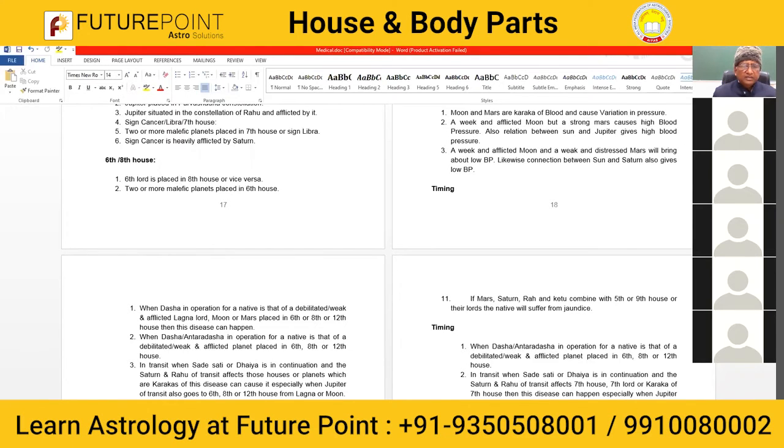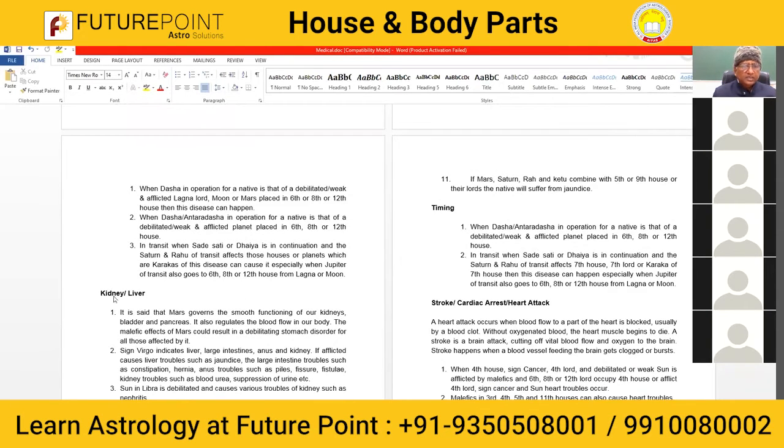For the liver, it is basically Jupiter which is most important. Mars governs the smooth functioning of our kidneys, bladder and pancreas. It also regulates the blood flow in our body.